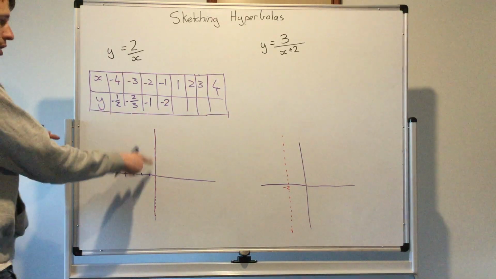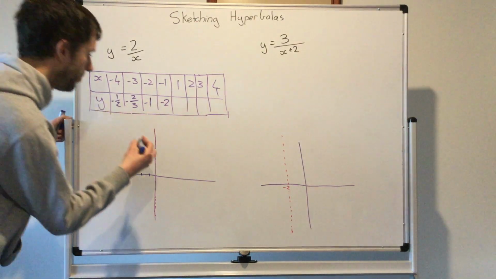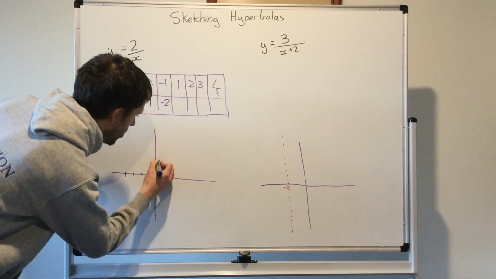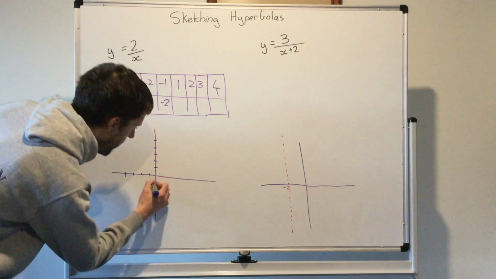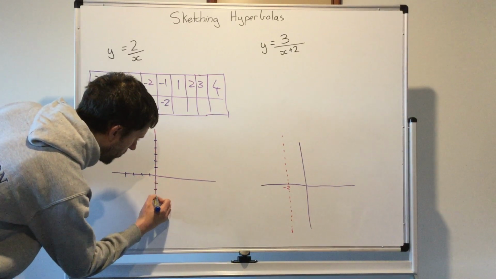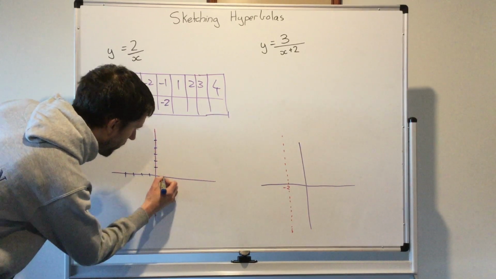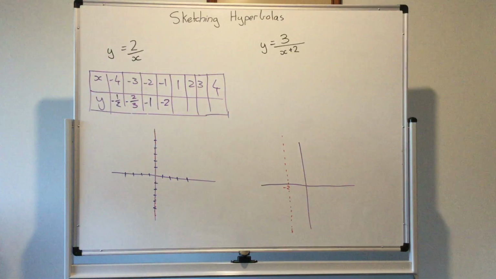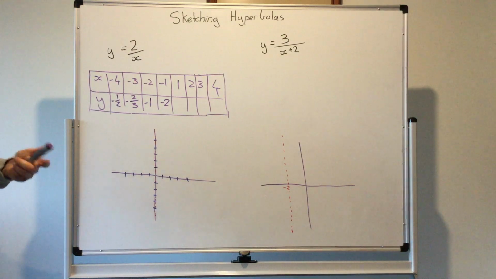Now on my y-axis, I'm going to have 1, 2, 3, 4, 5, -1, -2, -3, -4, -5, and 1, 2, 3, 4. Okay, I've got all my points down now. So now I'm going to solve it.